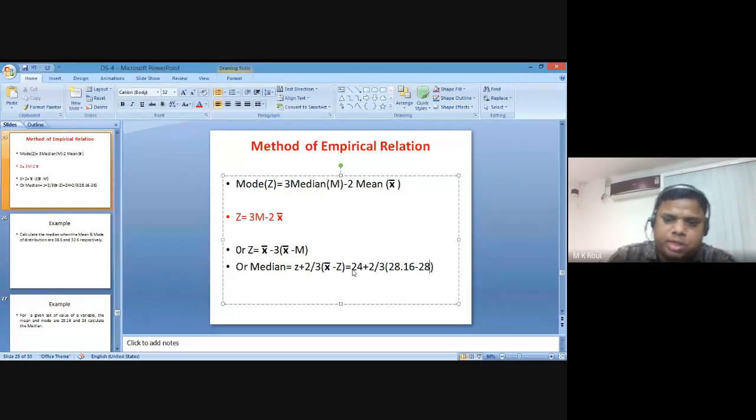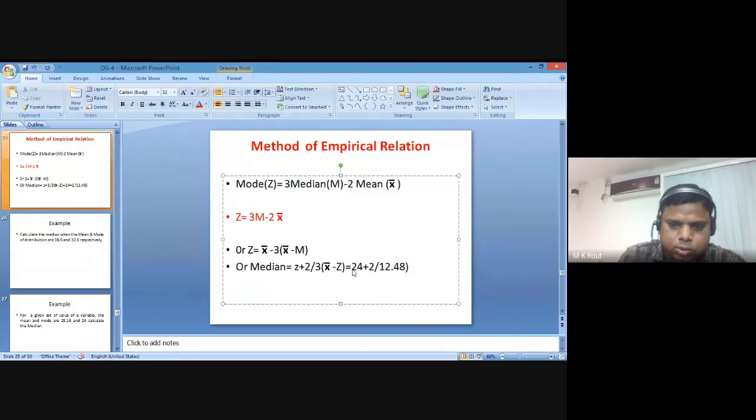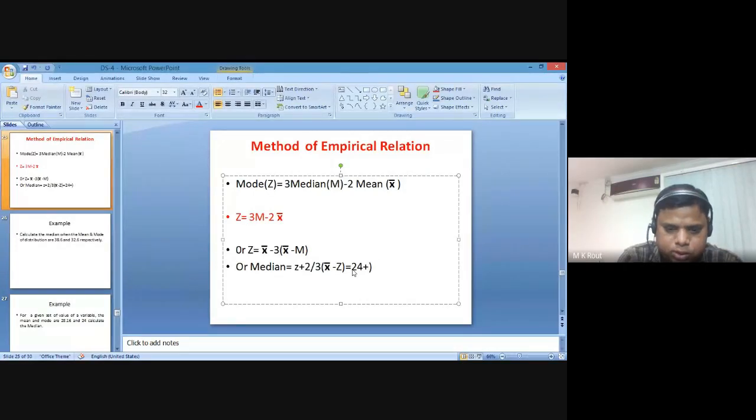First simplify the bracket. 4.16. 4.16 multiplied by 3 is 12.48. 2 divided by 12.48 gives 0.16. Plus your 24. So 24.16.